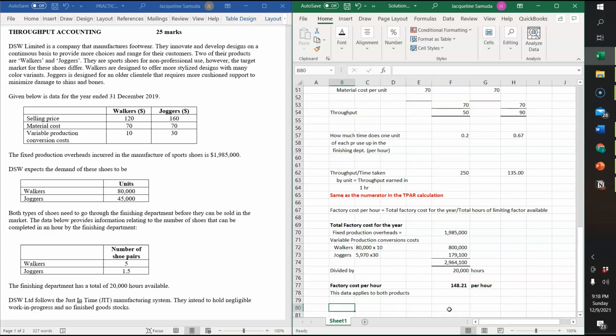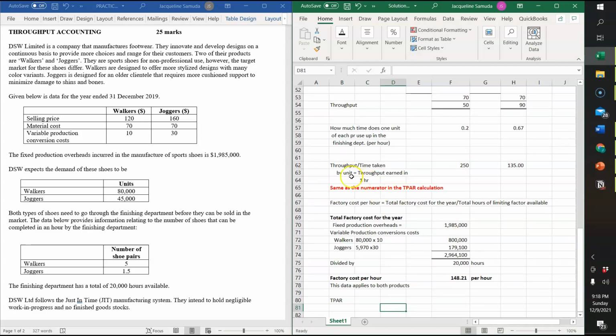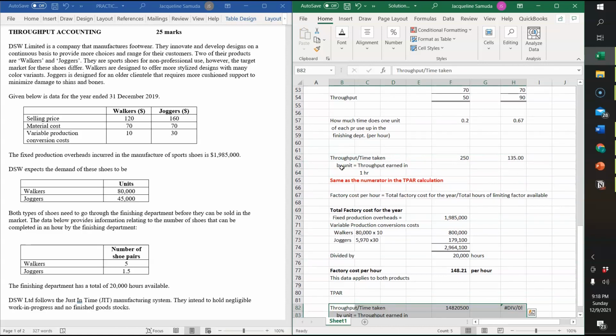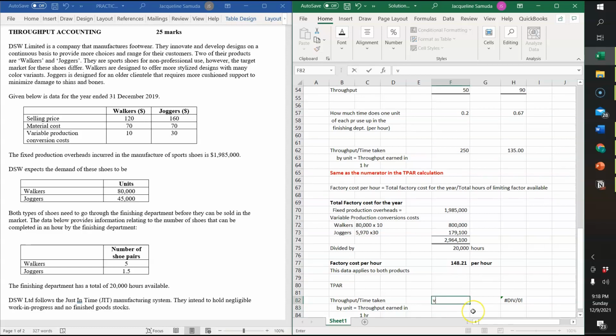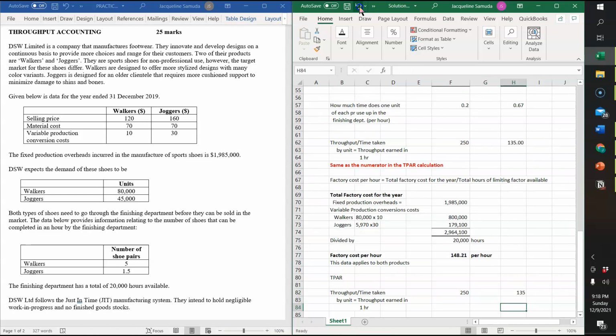All right, so let's do our TPAR now. We have everything. We have the throughput earned in an hour. So I'm just going to copy and paste this down here. Okay, I'll just copy it up here. And do the same. Then we're going to take the factory cost per hour.